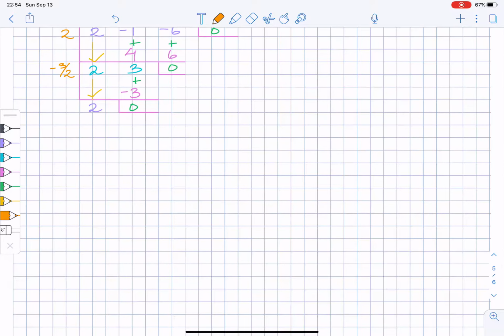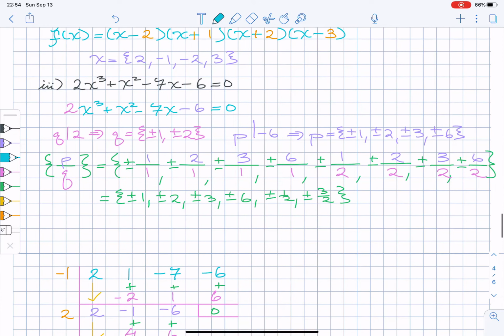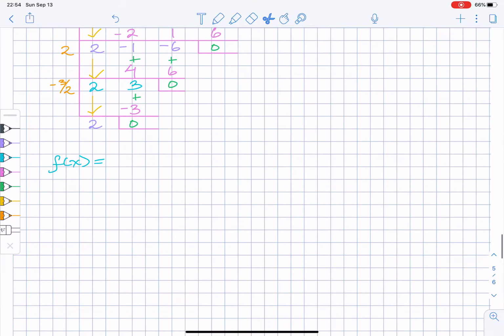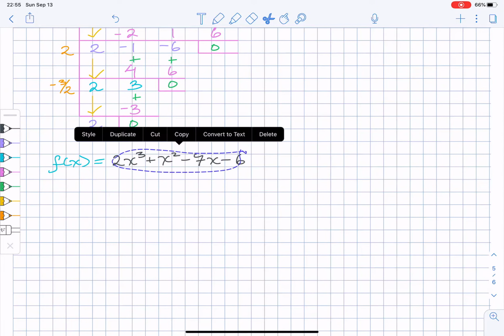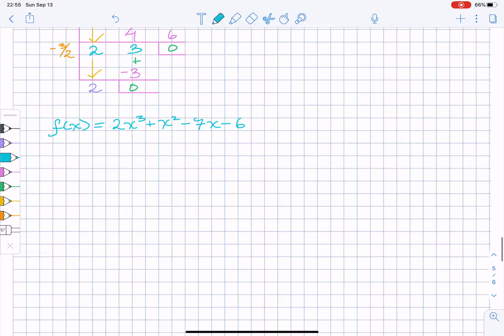Or, actually, I can show you this way. So f of x equals 2. We had, let me go ahead and just copy this. Paste and change it to blue. So I claim that we can write this as x minus the first factor, x minus the second factor, x minus the third factor, times the final factor of 2.